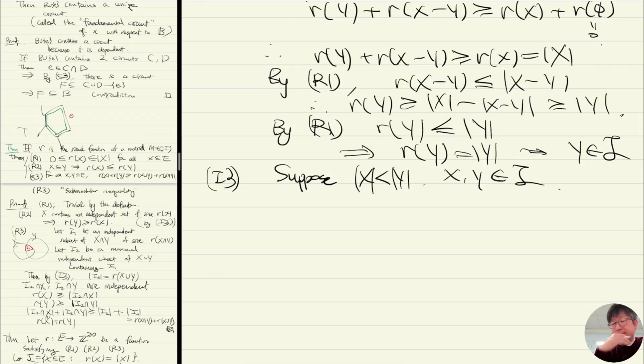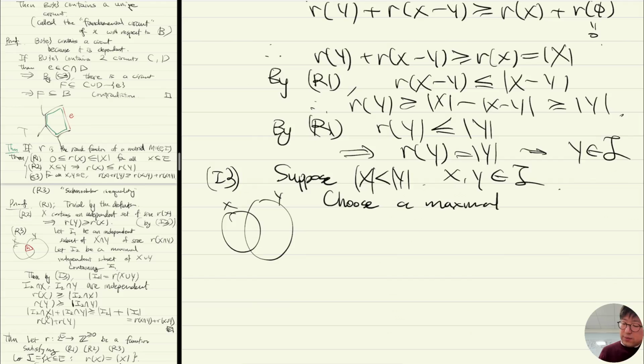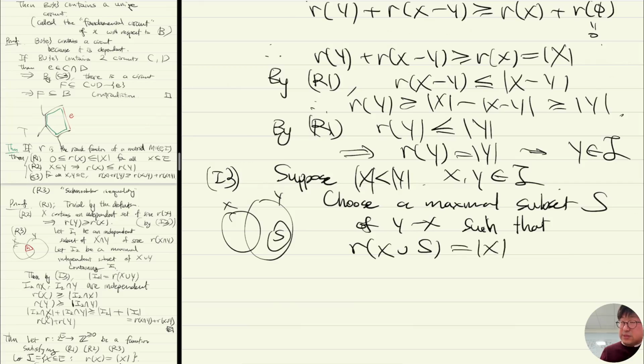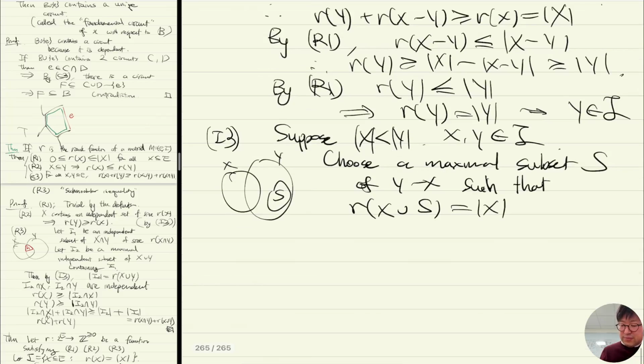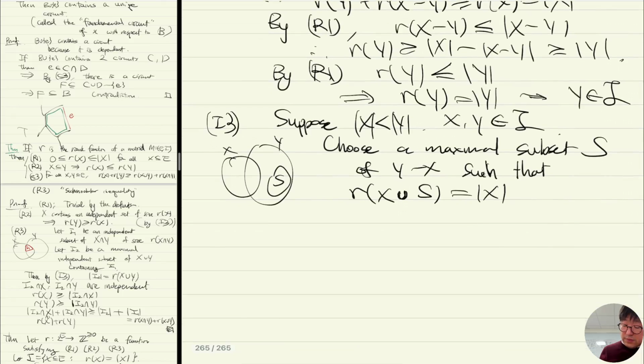Now, X is smaller than Y. Now, choose a maximal subset S of Y minus X such that rank of X union S is equal to size of X. What will happen?